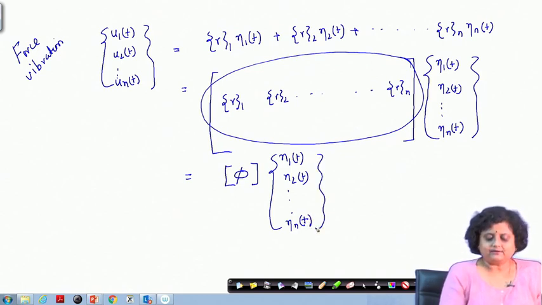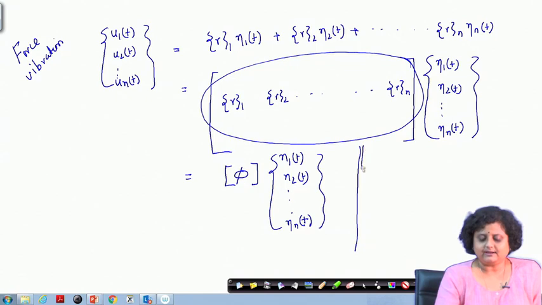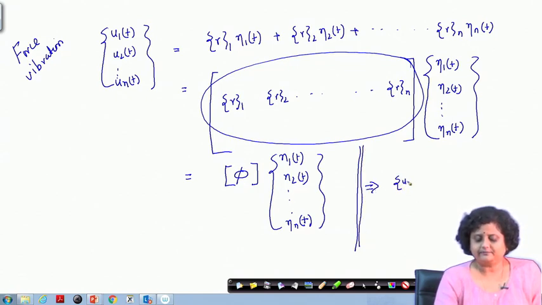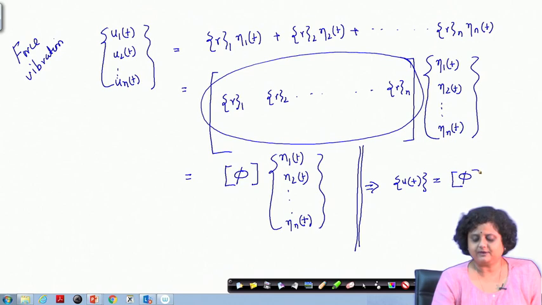I can write this whole thing in an abbreviated form as u t is equal to modal matrix phi into eta t.